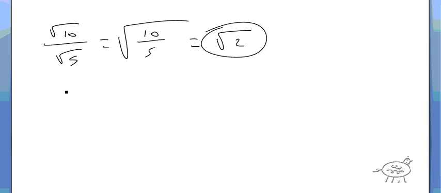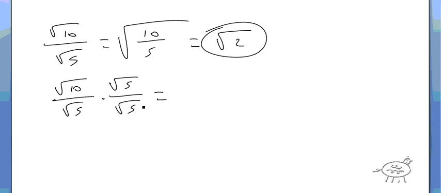Okay? Now, if you went, oh, well, I need to rationalize it, and you said the square root of 5 over the square root of 5, and then you multiply the bottom, and you got 5, and the top, isn't that 10 is 5 times 2, and times 5?